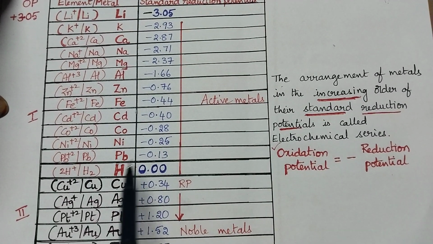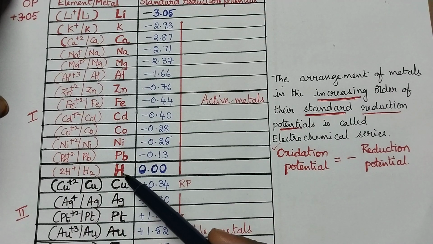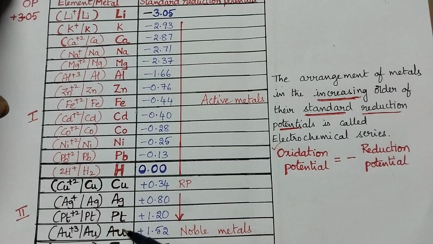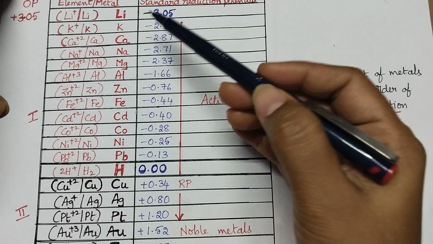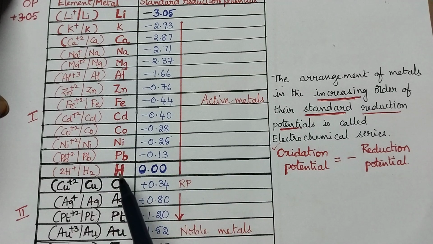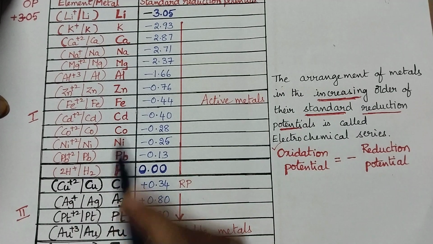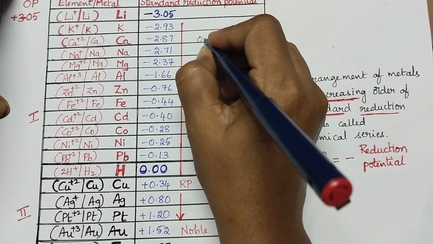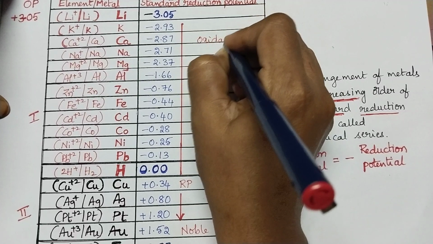Metals which are placed above hydrogen will have one type of behavior and the metals which are placed below hydrogen will have another type of behavior. In general, if we consider the metals which are placed above hydrogen, they are having greater tendency to undergo oxidation.